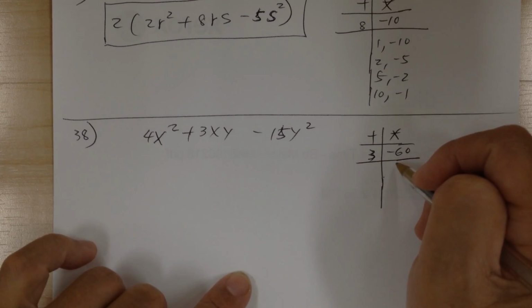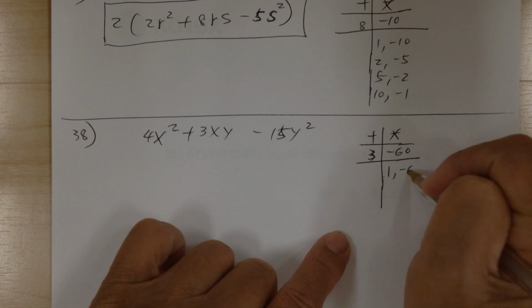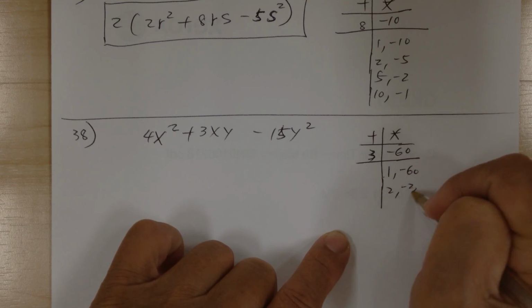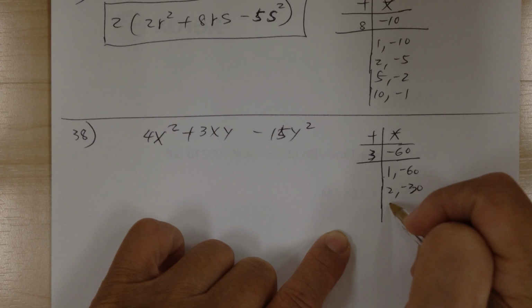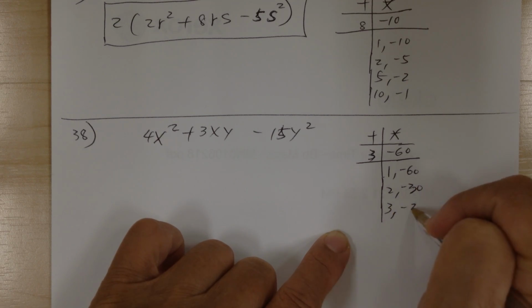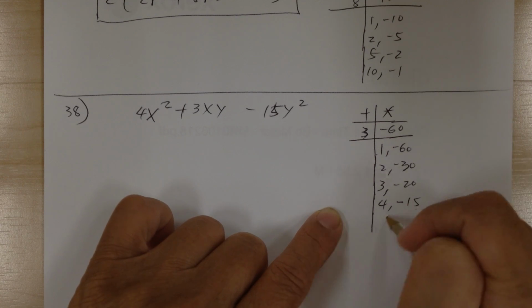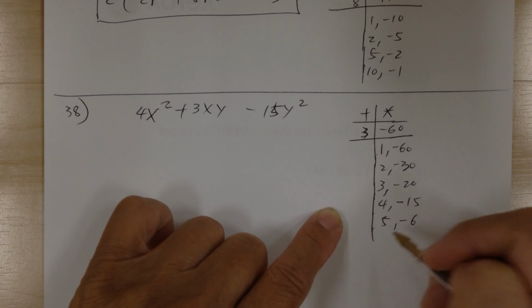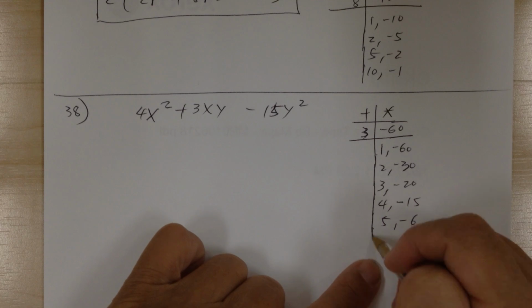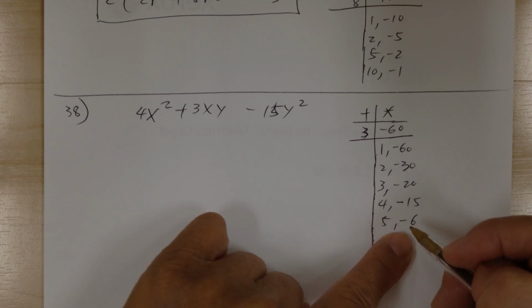So you go 1, negative 60; 2, negative 30; 3, negative 20; 4, negative 15; 5, negative 6. If you notice, after that you're just going to reverse. None of these give you the 3.